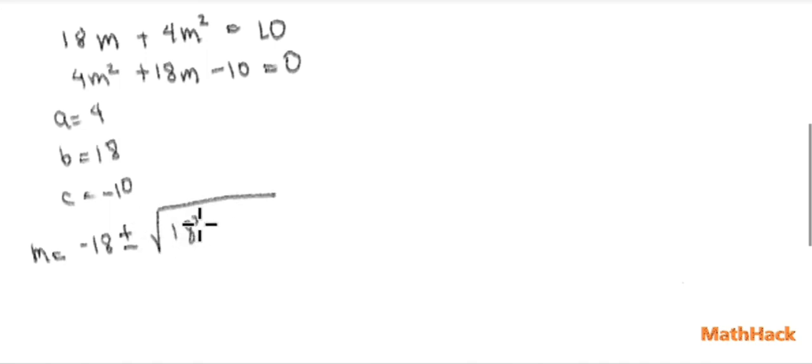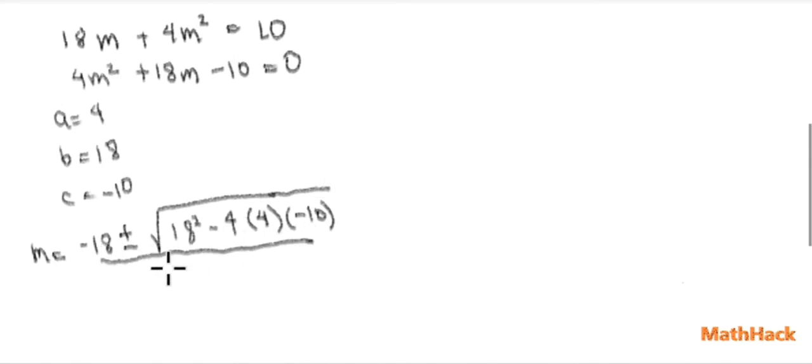Di ko nalalagyan ng parenthesis since positive naman yung 18. Minus 4 times A, which is 4. And C is negative 10. Okay? Ayusin ko lang to. All over 2 times 4. Ayan. Kasi A natin ay 4.